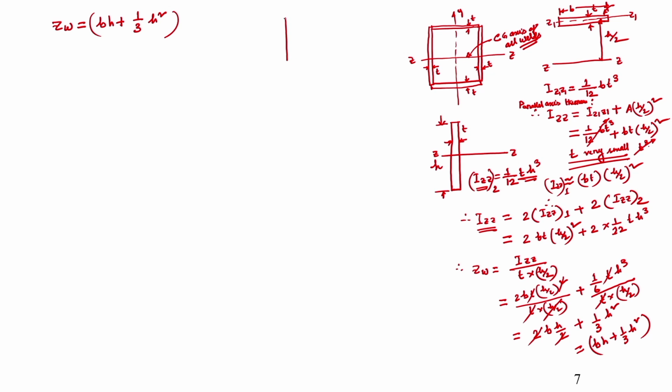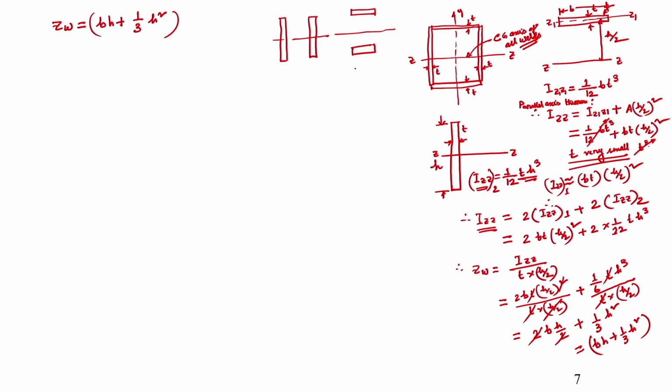If there will be only 2 side welds, then you can easily find out what this ZW should be. If there will be just top side weld and bottom side weld, which is generally used for what is called this tank connection, then this ZW will be different.